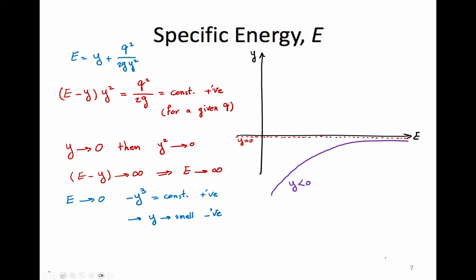Now, next one, when Y approaches infinity, then Y squared approaches infinity. So if that's the case, E minus Y will approach 0. And that means E will approach Y. So again, what does that mean from a calculus standpoint?